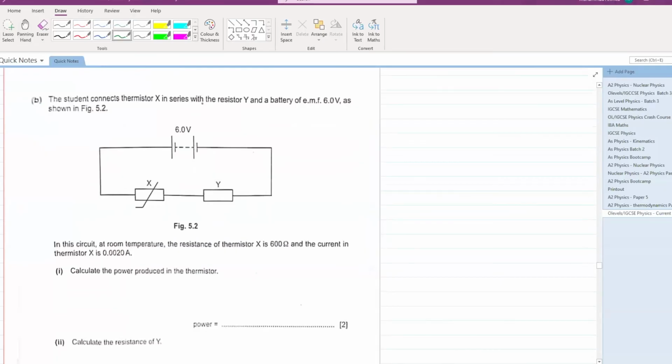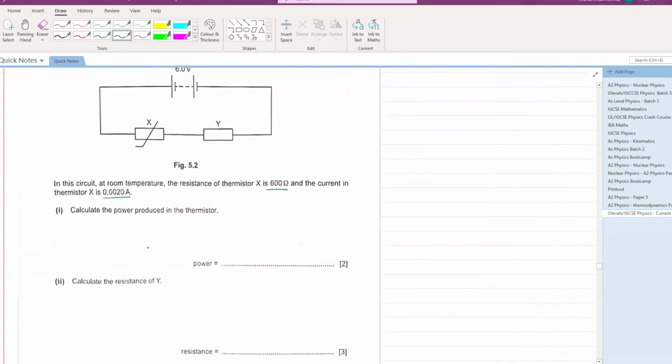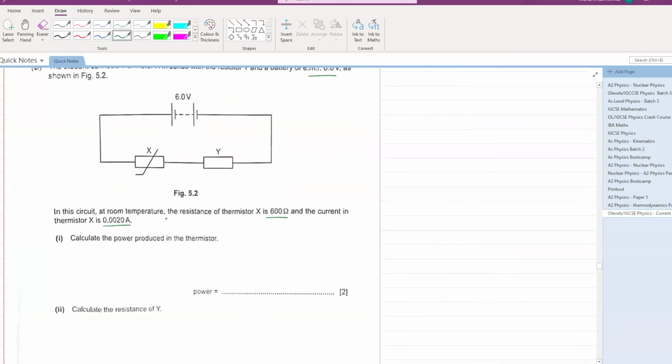The student connects the thermistor in series with a resistor Y and a battery of EMF 6 volts, as shown in figure 5.2. In the circuit at room temperature, the resistance of the thermistor is 600 ohm and the current is this. Calculate the power produced in the thermistor. Power is equal to I squared R. What is your I?